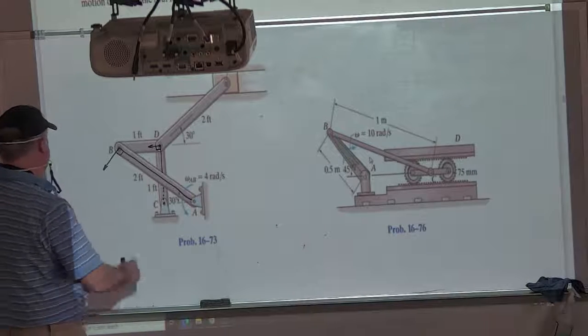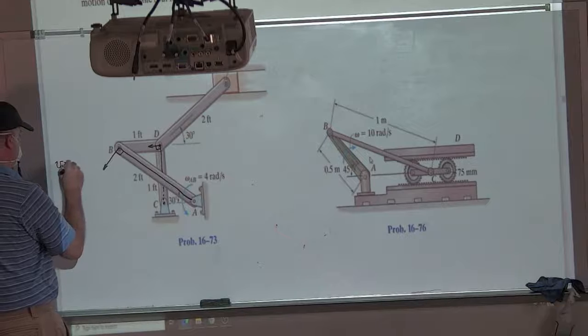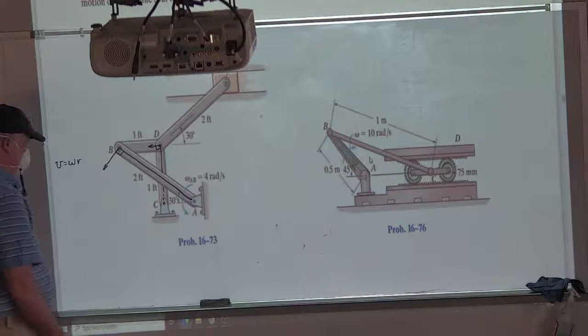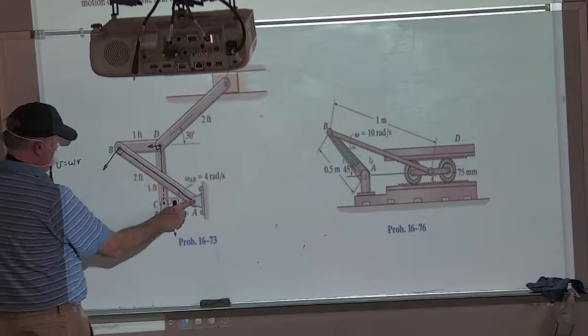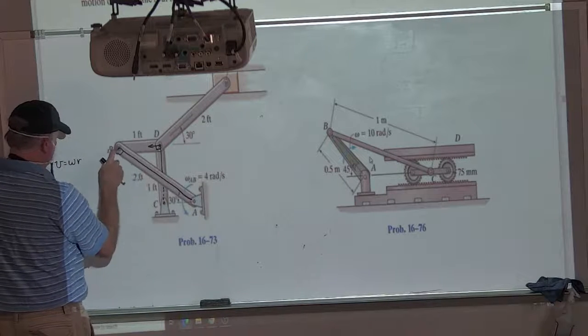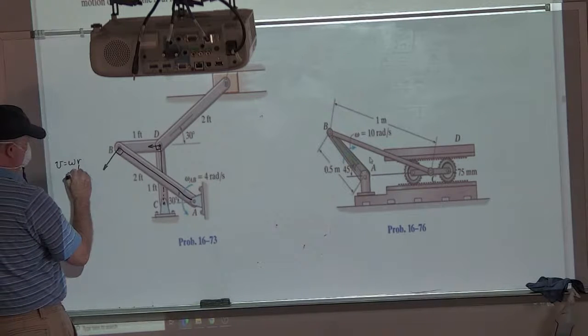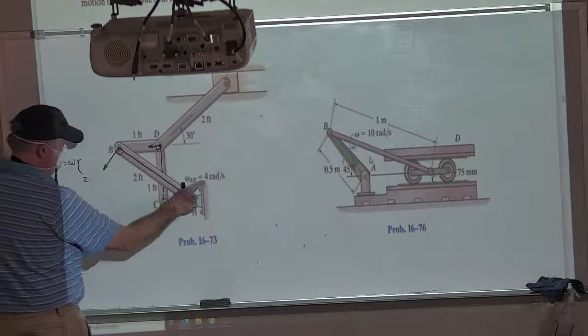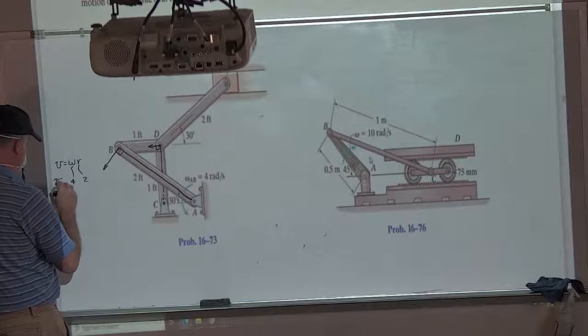And I know this moves as such. I think this 2 foot is associated with this, so that would be 2 foot. This is rotating at 4, so therefore velocity of B is going to be 8.